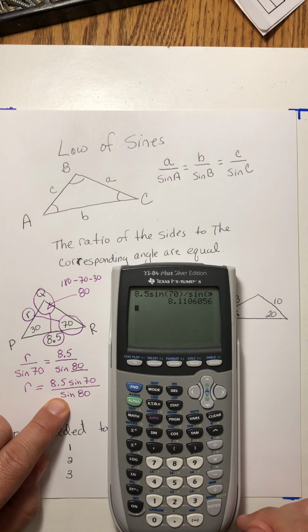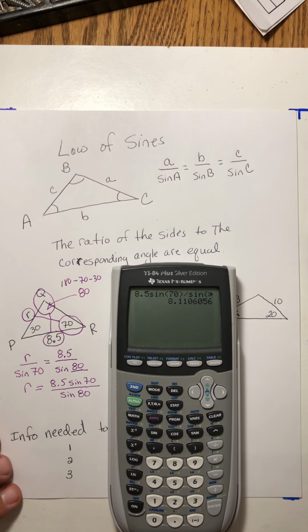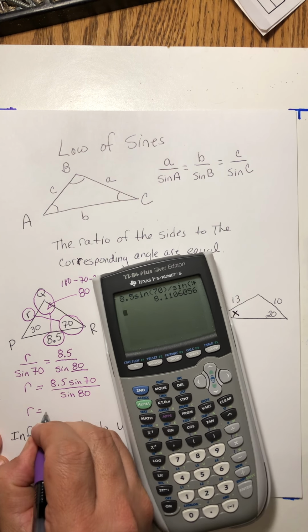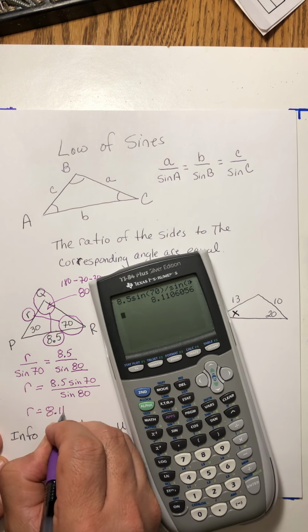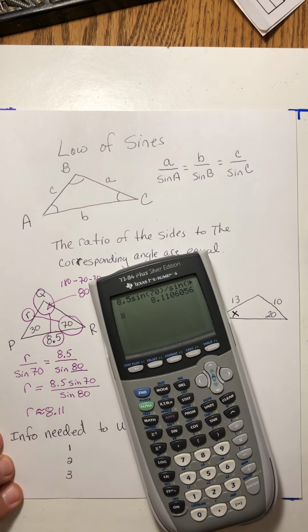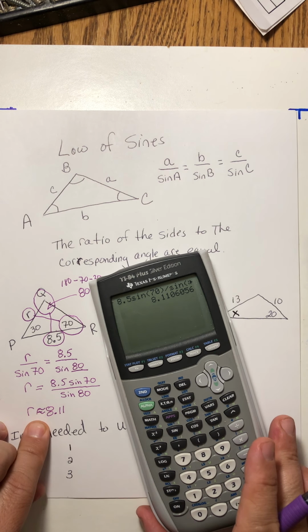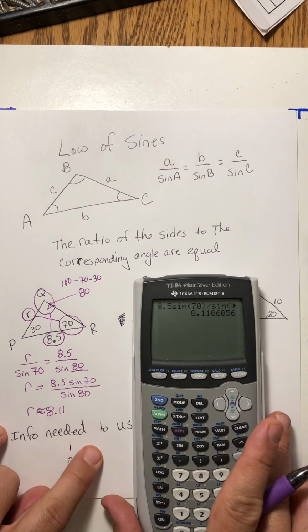I'm going to hit enter, and then all I have to do is round off to the nearest hundredth. So I have 8.11. So side r is equal to 8.11. Well, we round it off, that's your approximation, the little squigglies.